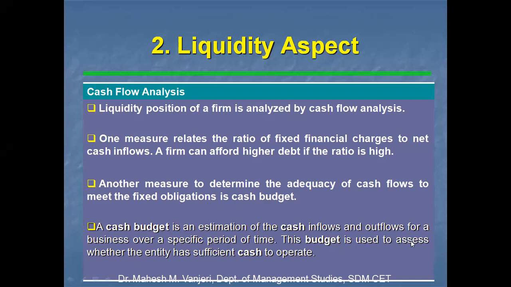This budget is used to assess whether the entity has sufficient cash to operate or not. So if through the cash budget it is determined that the firm or company has sufficient cash to operate, in that case, the company can borrow more debt. It means the proportion of the debt in the total capital can be higher.